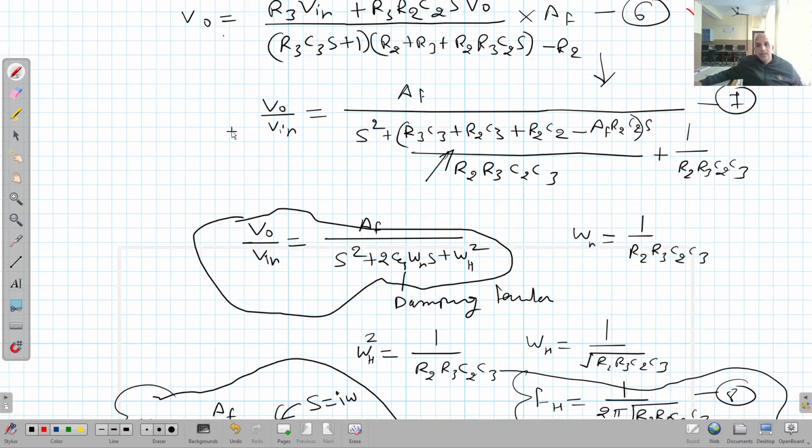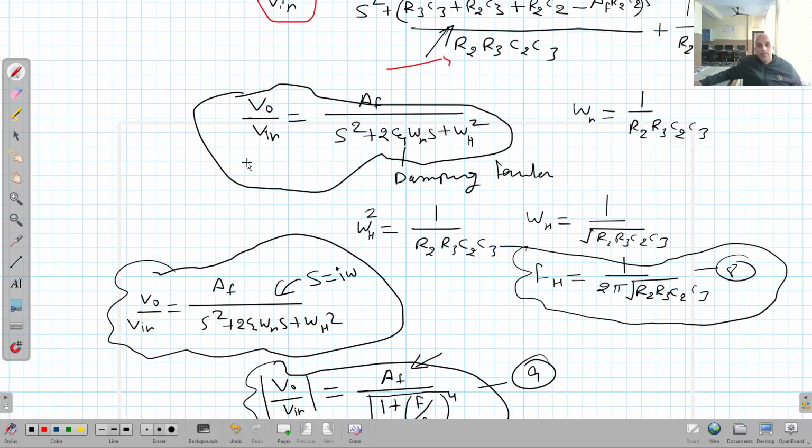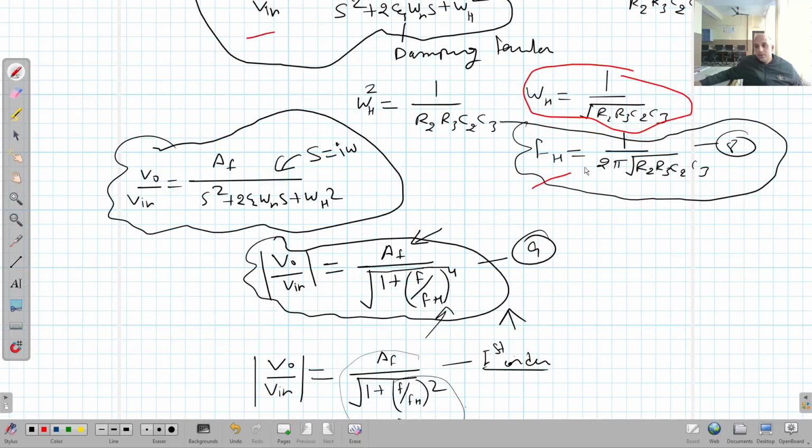Then we rearranged it for V output upon V input. We got this equation. I write it in the simplified form. This equation is basically the transfer function. Here zeta is the damping factor, omega n is the natural frequency of this circuit, 1 upon R2, R3, C2, C3. Omega h is the cutoff frequency, and this is defined as this. So fh is equal to this.